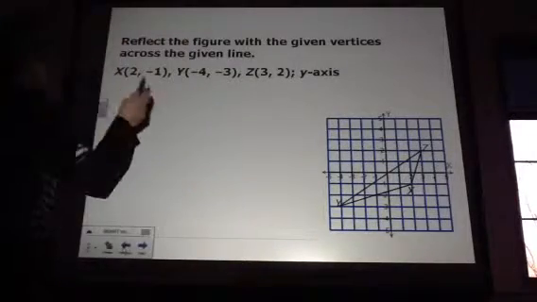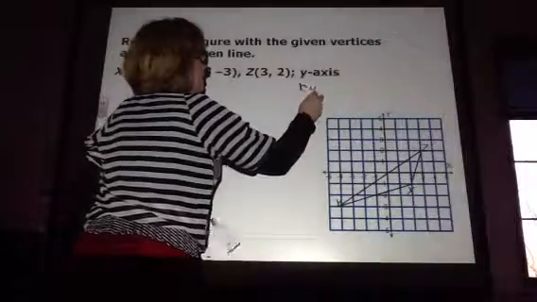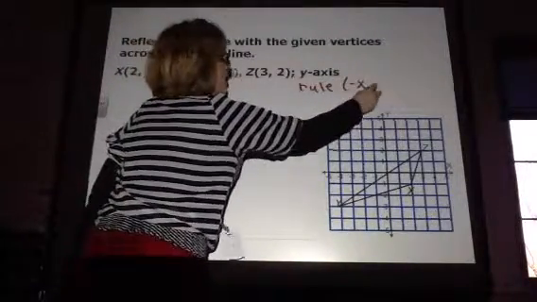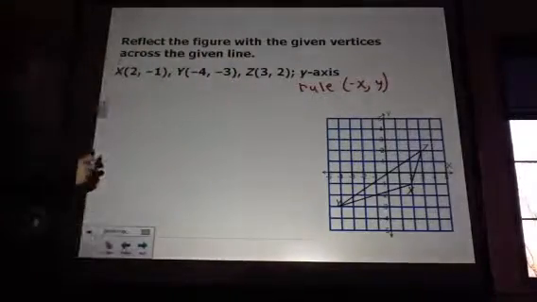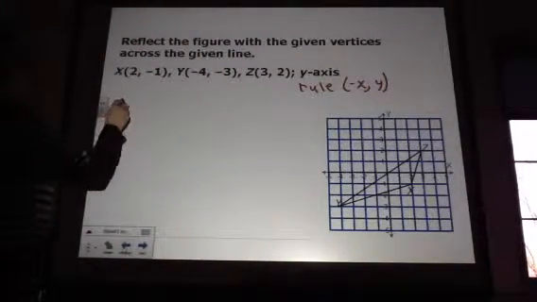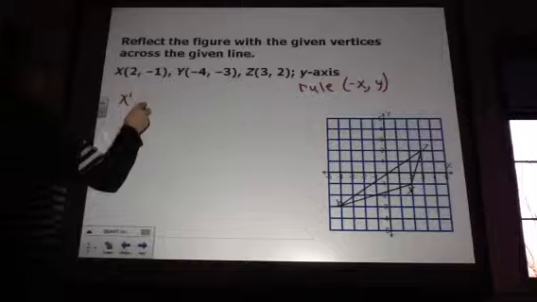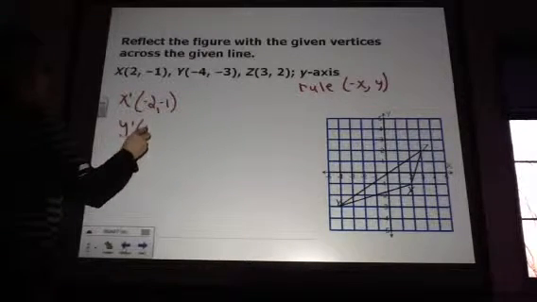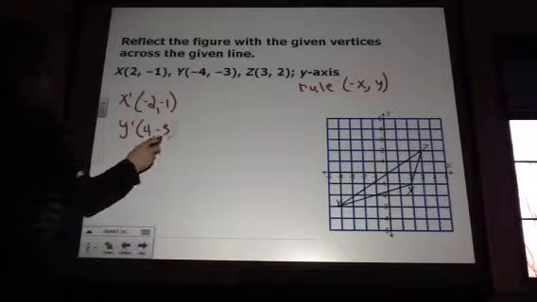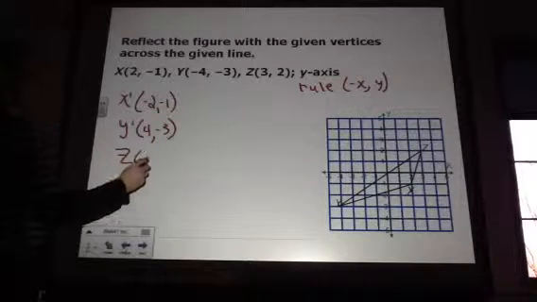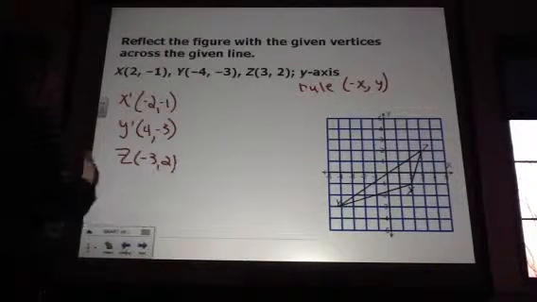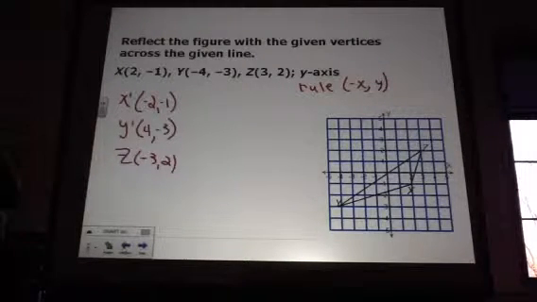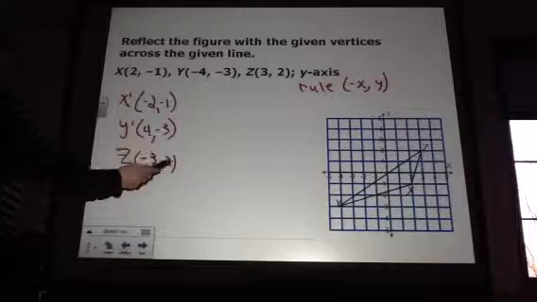When we go across the y-axis, the rule is we change the x to its opposite and keep the y. So let's identify what our points are. X prime is going to be (-2, -1). Y prime is going to be (4, -3). Z prime is going to be (-3, 2). So we changed each x coordinate to its opposite, and we kept the y value.